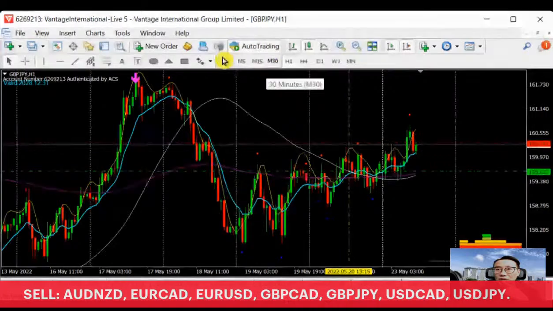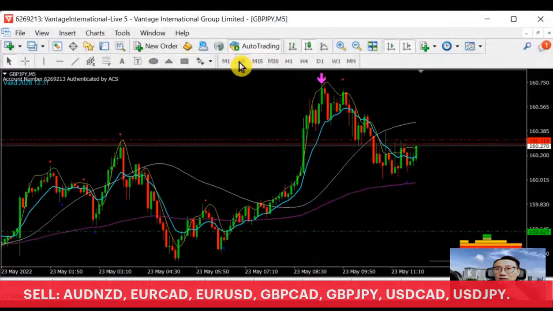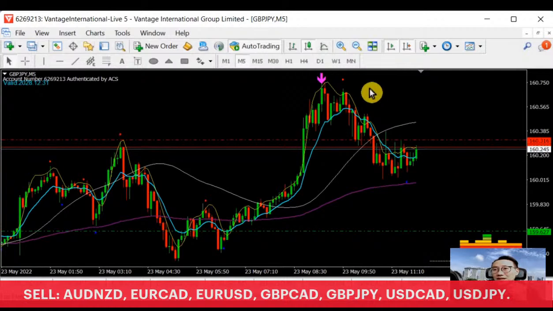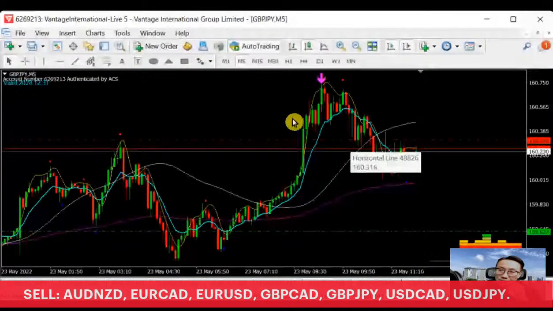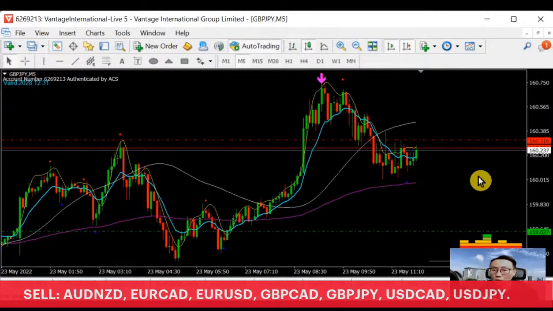Right now, looking at the M5, lower down to the lower time frame so that you can see more clearly what's happening within that hour. As we can see over here as a whole today, lower resistance, lower resistance, lower resistance has been set up, so we are expecting to see a lower low.